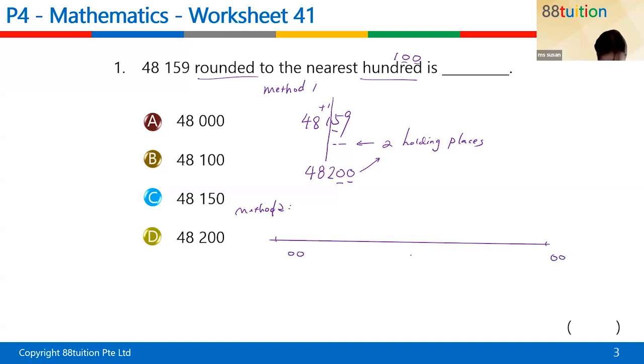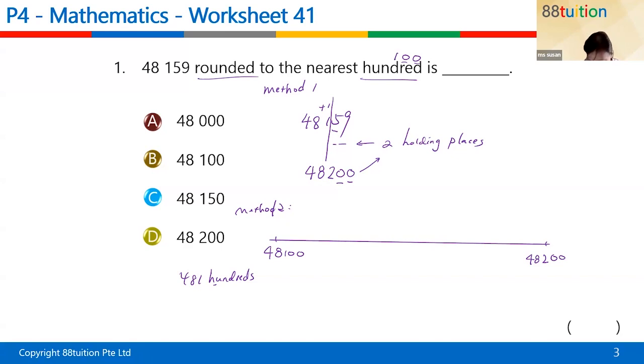For the 100 place, I have 48,159, right? So 48,159 has 2 holding places. If I erase the 2 holding places, I will have how many? 481 hundreds, 482 hundreds. They must be in count of hundreds because of the nearest 100.